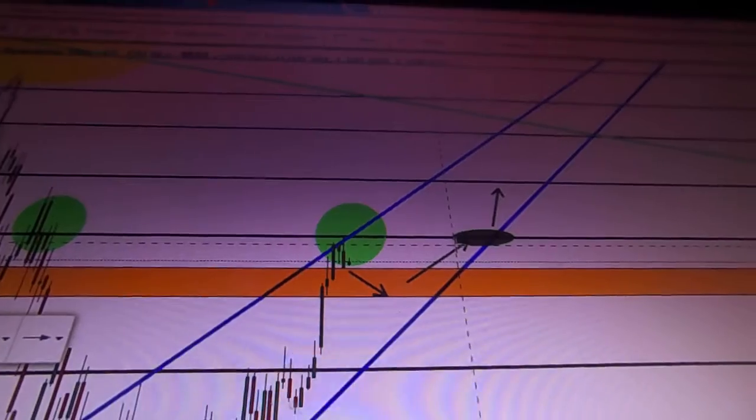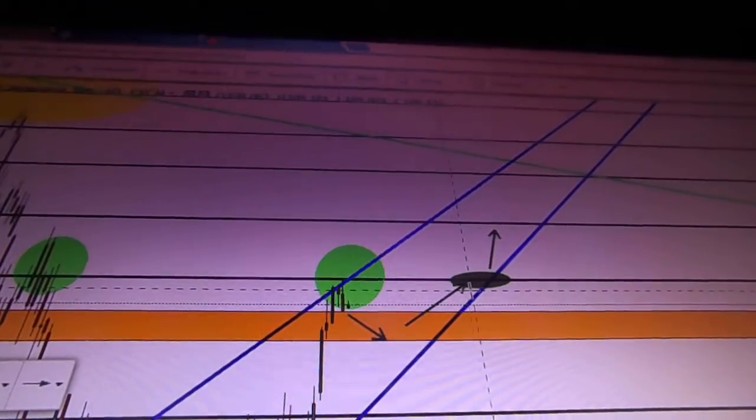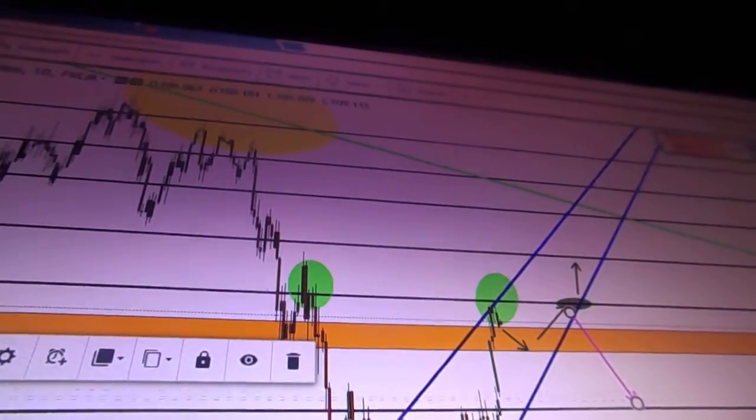Alright. Okay, so now if this line becomes a resistance line and doesn't break through this line and breaks this blue trend line right here, then price will go down there. It will be a sell at that point. See what I mean?